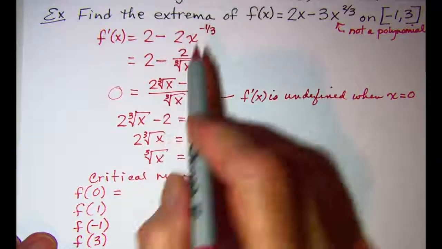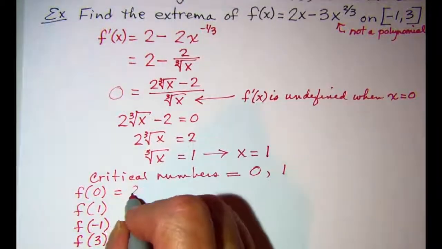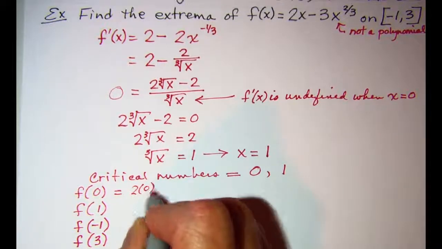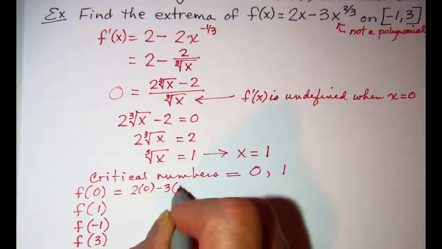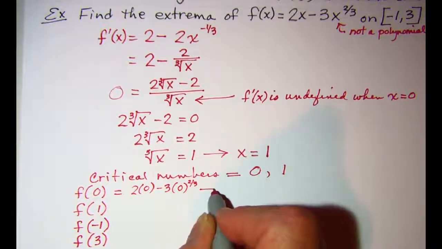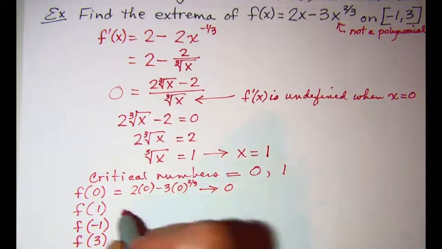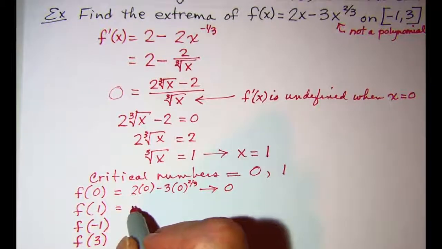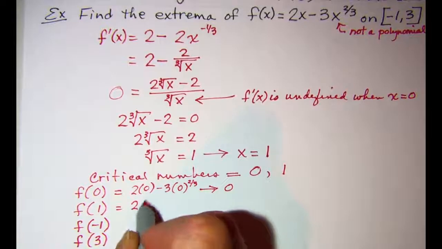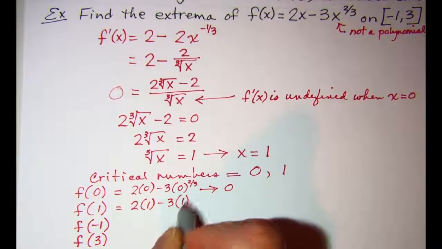F of 0 is going to be 2 times 0 minus 3 times 0 to the 2/3. So that is 0. F of 1 would be 2 times 1 minus 3 times 1 to the 2/3.